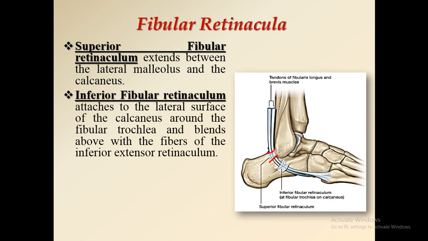On the lateral surface of calcaneus there is a small process called the fibular trochlea. Tendons of both fibularis longus and brevis pass by this fibular trochlea, and the inferior fibular retinaculum covers all of them.